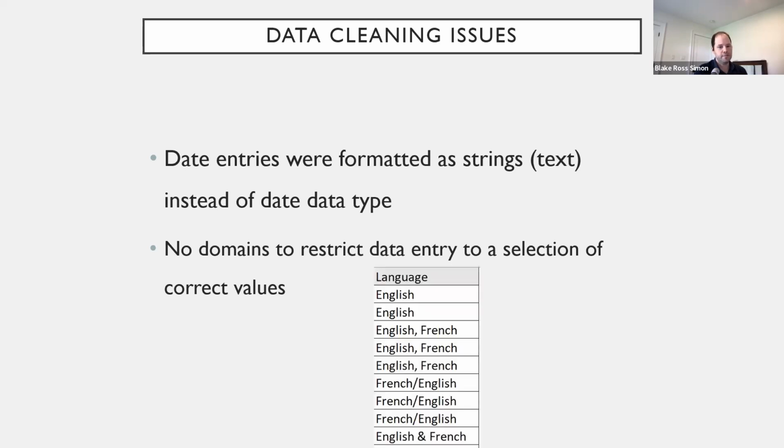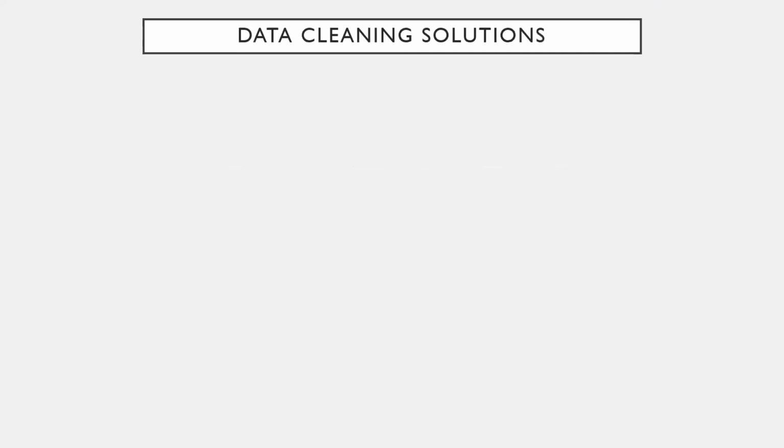The language field is a good example of this. Here you can see a section of the language field that contains 3 different ways that English and French were entered. And this was exported to me. And this could generate inaccurate results when you're trying to query French and English if you don't have everything covered, basically, to find those entries.